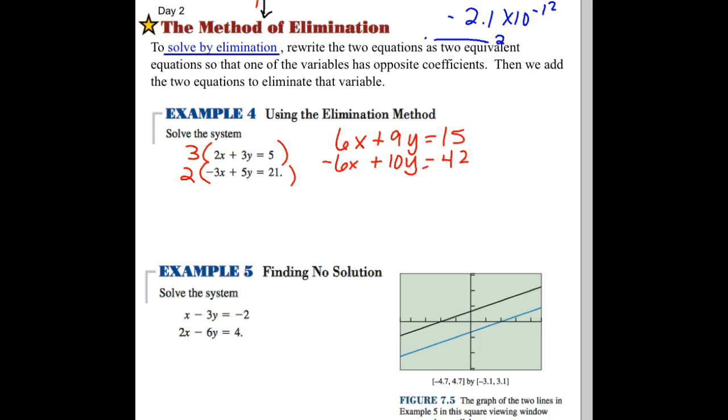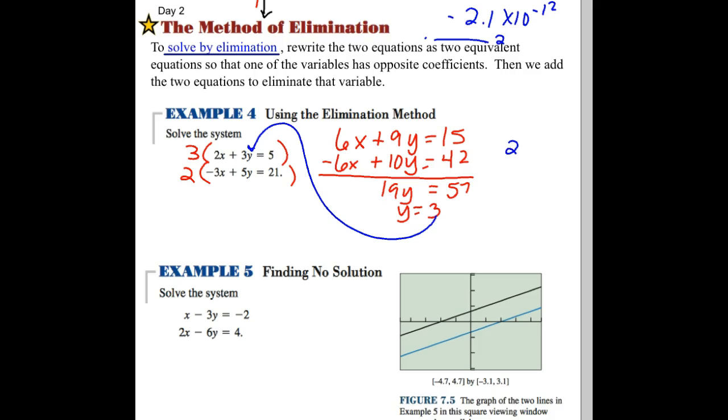All right, so take a minute, multiply those equations by their respective numbers. And when we add them together, what happens? Good, the x's cancel out. We end up with 19y equaling 57. So y would have to be 3. All right, then how do we find x? Plug it in. Does it matter which equation we plug it into? No. Let's say we plug it into the top one.